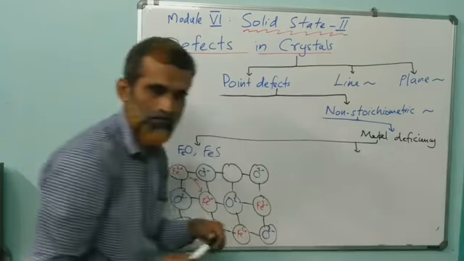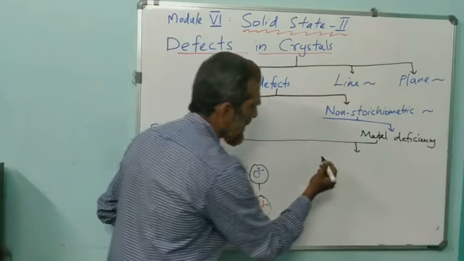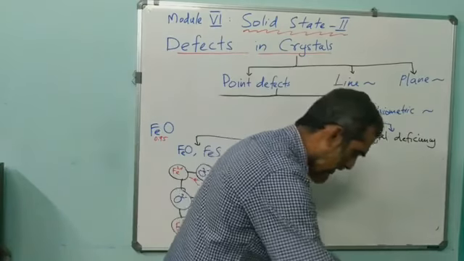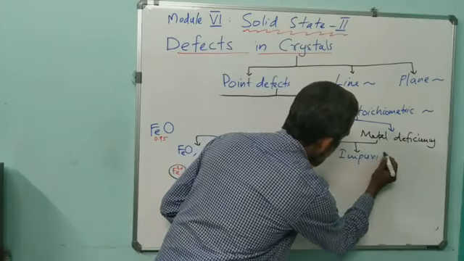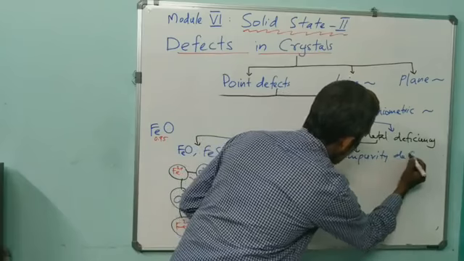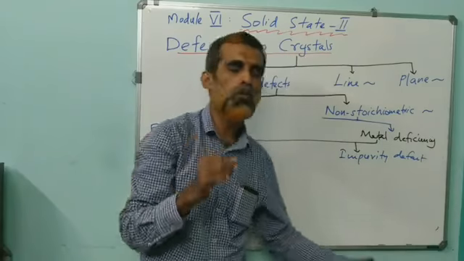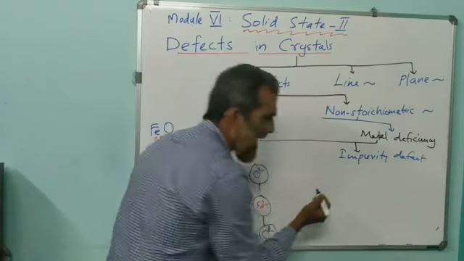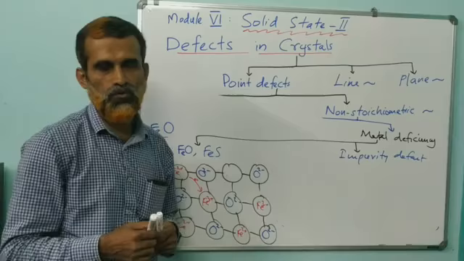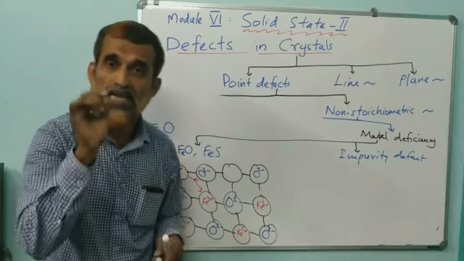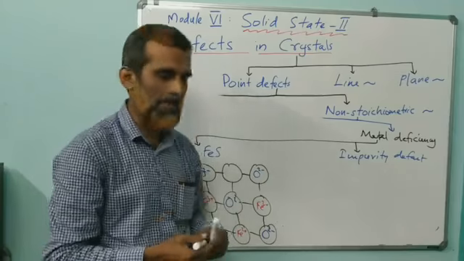Coming to the last one. The second metal deficiency defect appears. This is a very special case that's called impurity defect. Sometimes we can add a small amount of impurities to the crystal lattice and that can cause missing of cations, or metal deficiency can be created by adding a small amount of some impurities into the lattice.